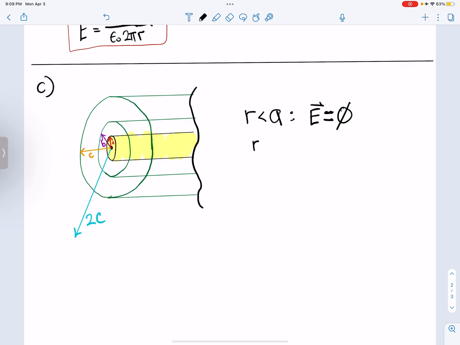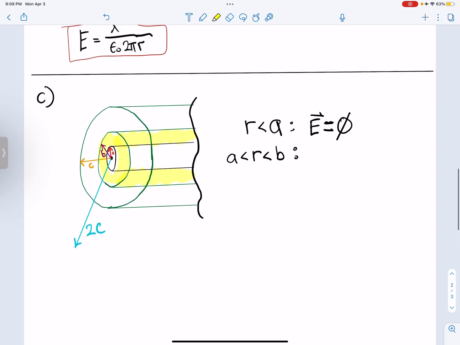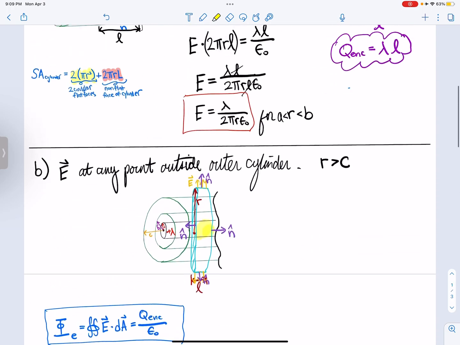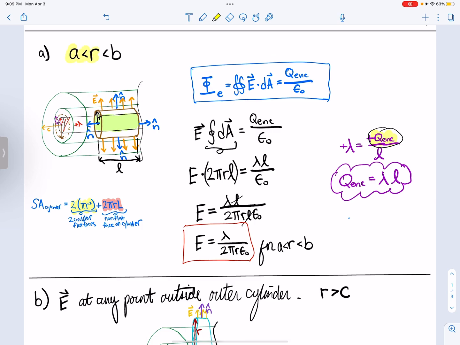And when r is greater than a but less than b, so this time when you reside here in the area between the two cylinders, that's going to be the electric field we calculated in part A, which was when r was between a and b.